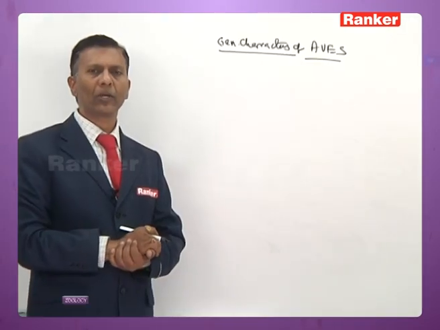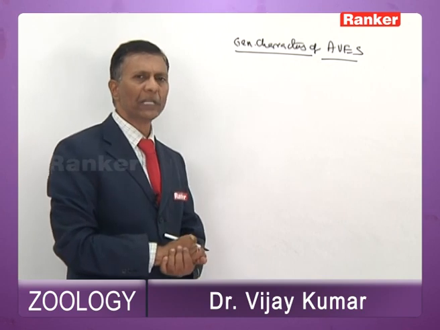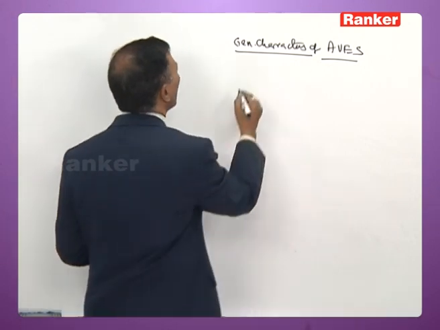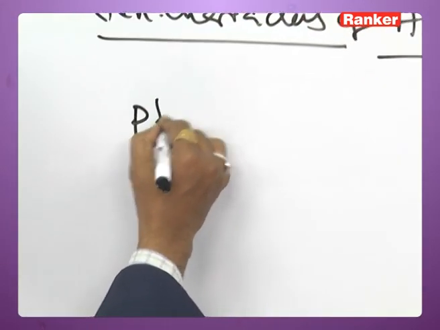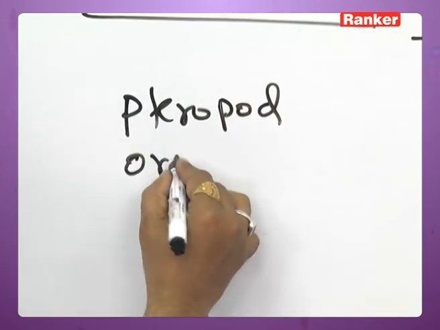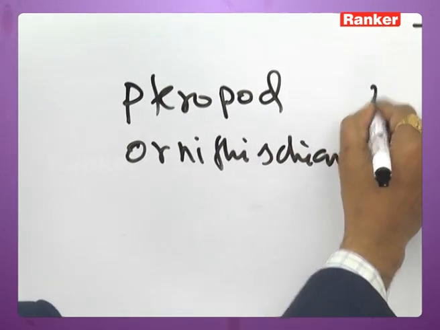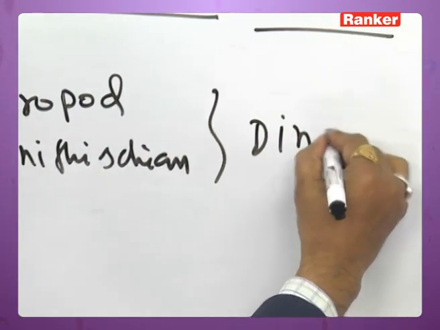Now we shall talk about the general characters of class Aves. The Aves evolved from theropod and ornithischian dinosaurs.